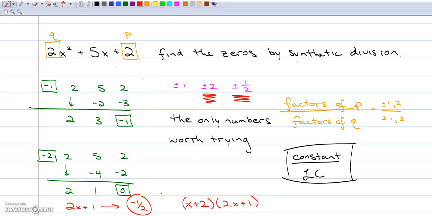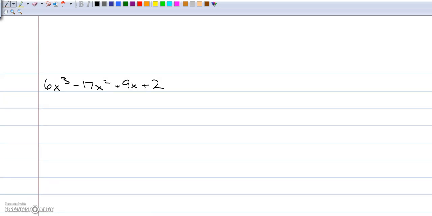We're going to try this again. So as I look at this next problem, I'm confronted with a little bit more challenging situation. And that's because the list of factors for 2 and 6 are much longer than the list of factors for 2 and 2. There's a lot more possibilities that I need to consider. The process is not going to change though. I'm looking here for the numerator and I'm looking there for the denominator.